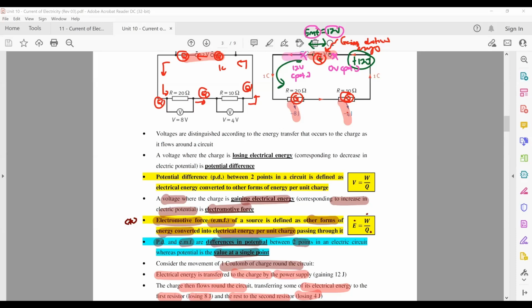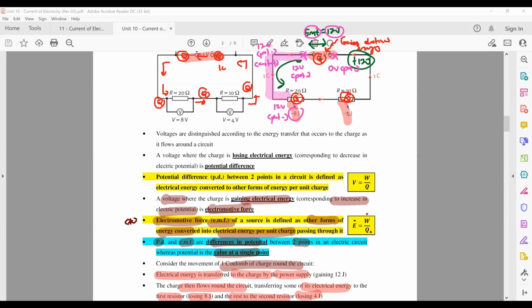Then as your charge continues to move here, your potential is constant. 12 volts potential is constant, until here. Once it passes through your resistor, it loses electrical energy, which is converted to heat because a resistor dissipates heat. You will lose electrical potential.